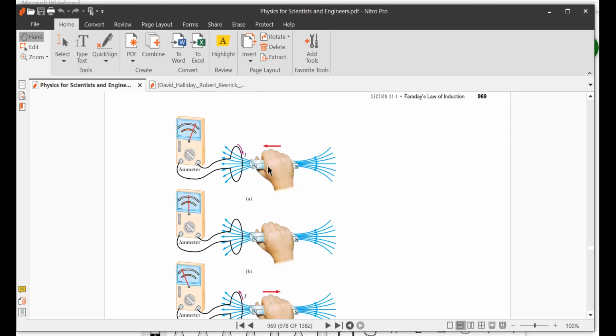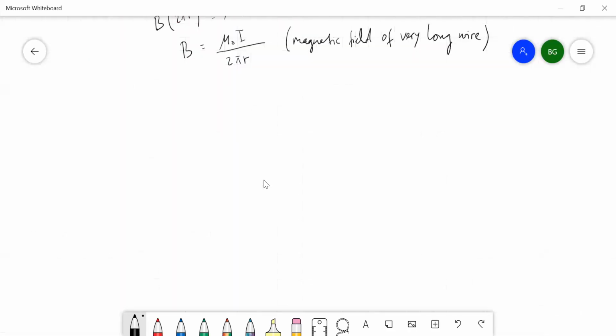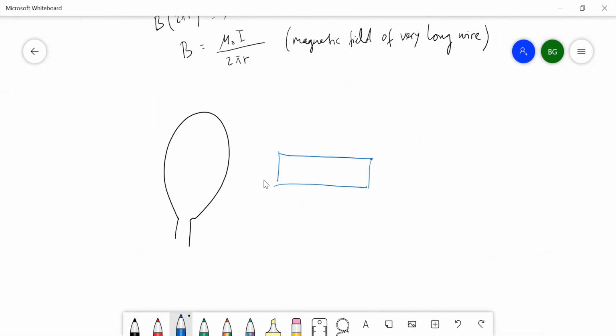Okay, I will explain on the whiteboard. We have this coil, and this is the magnetic field, with N and S here.